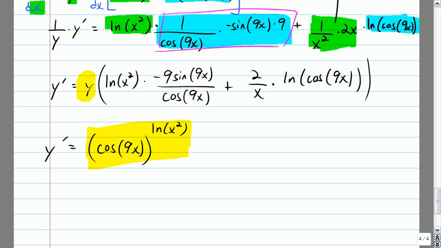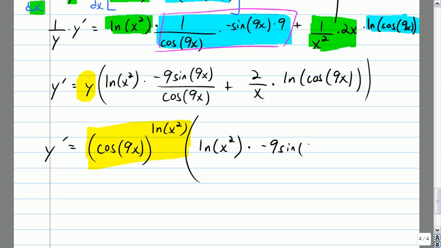And then multiplied by, so I'll put my parentheses in, natural log x squared times negative 9. This could be cleaned up more, but I'm not going to right now. It's not really the point of this exercise.